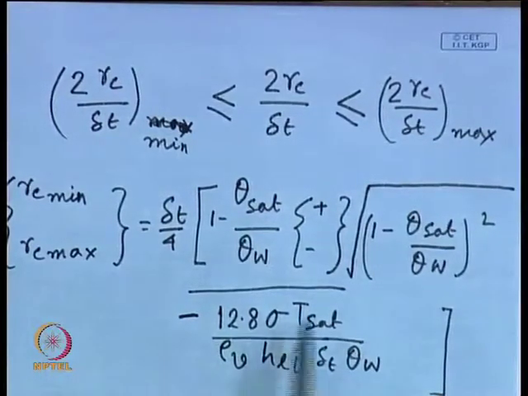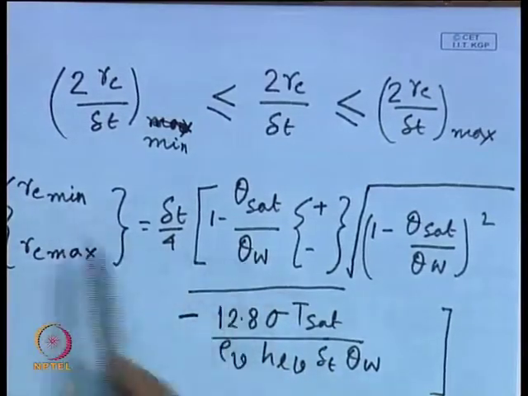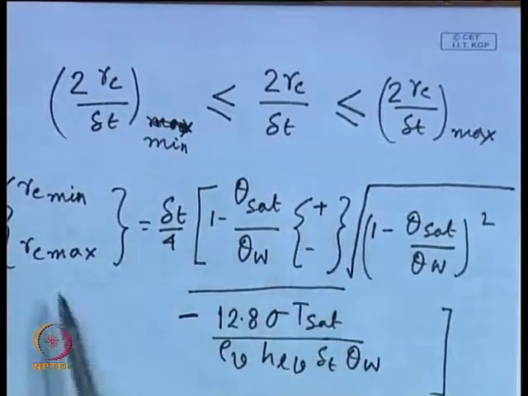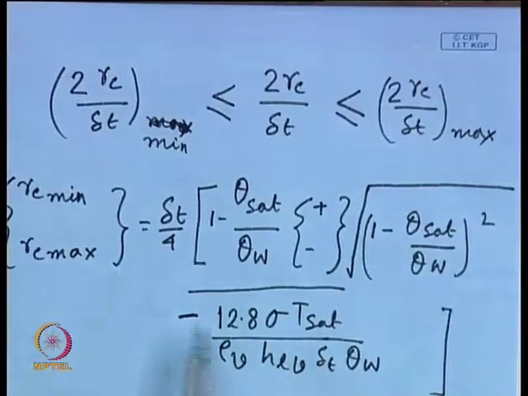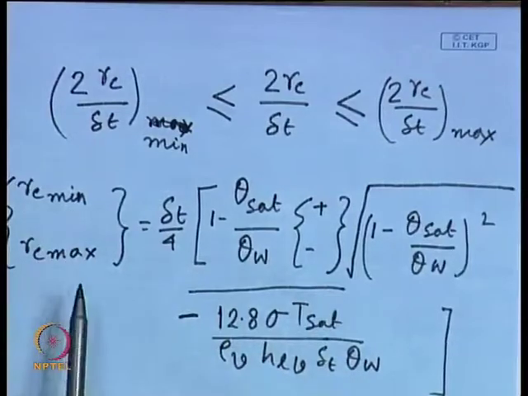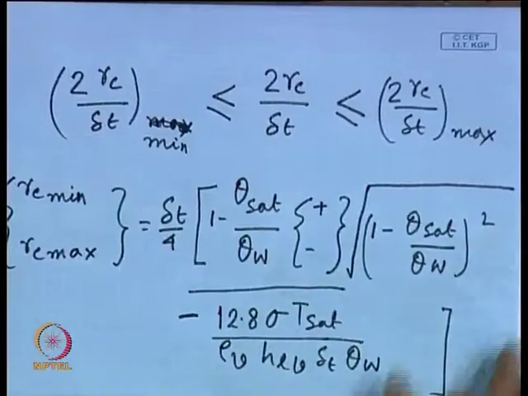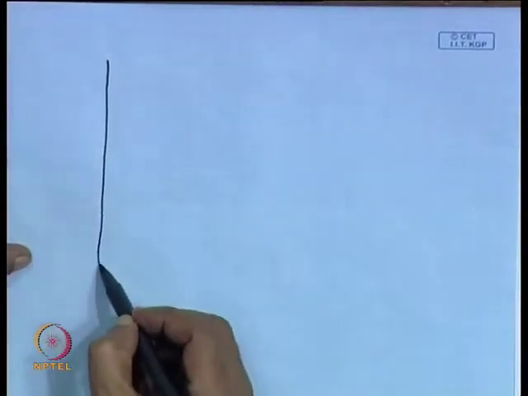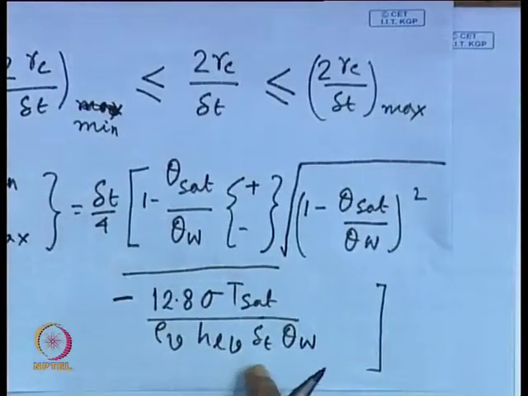So, you see from this equation R C min corresponds to the plus value, R C max corresponds to the minus value. Okay. So, within these values we will get the R C minimum and R C maximum. Basically, R C minimum and R C maximum depend on a number of fluid properties.